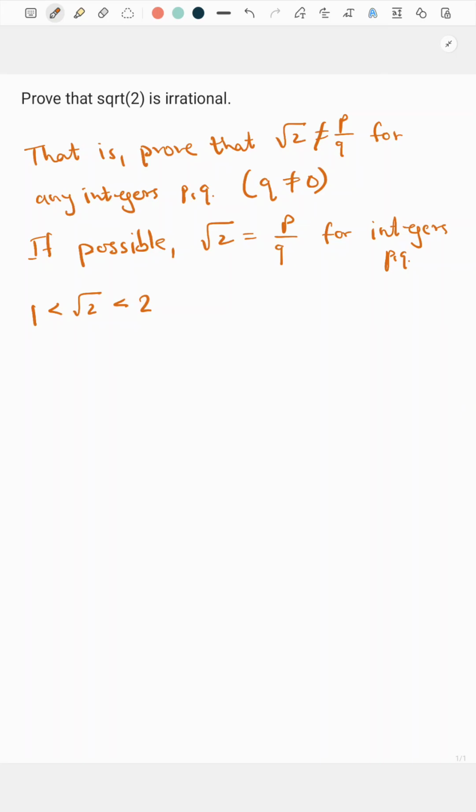So let's rearrange this equation now. The square root of 2 is equal to p divided by q. That means that p is equal to q times the square root of 2. Let's square both sides, which means p squared is equal to 2q squared. Note that p and q are both integers, and they don't have any common factor as assumed.